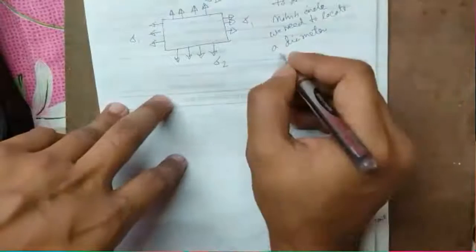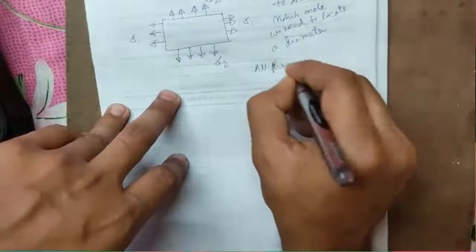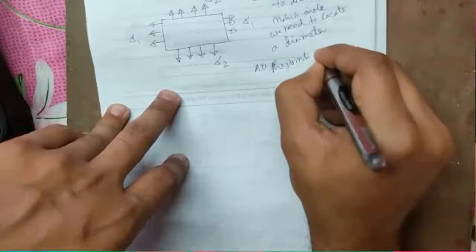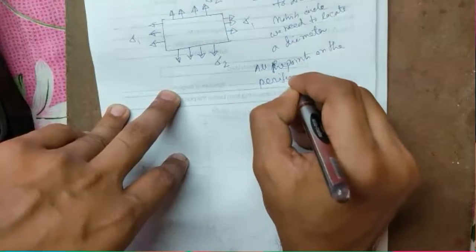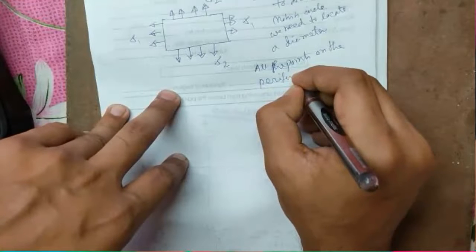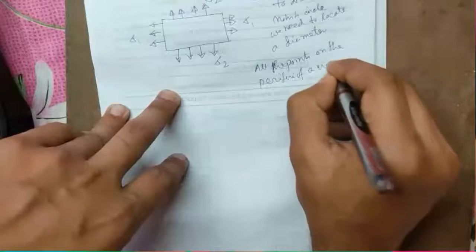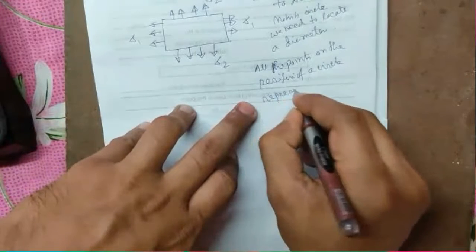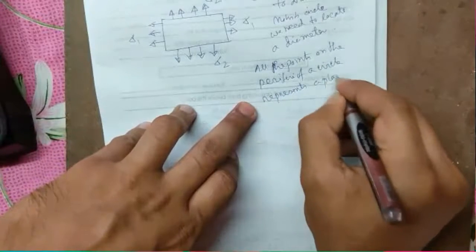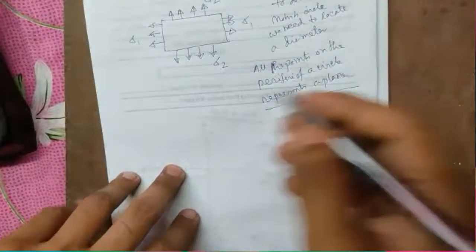Another thing you need to know, all the points on the periphery of a circle represent a plane.